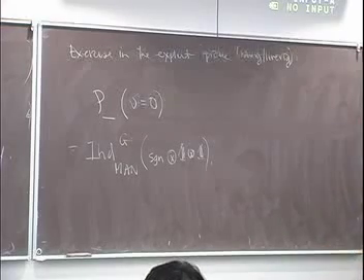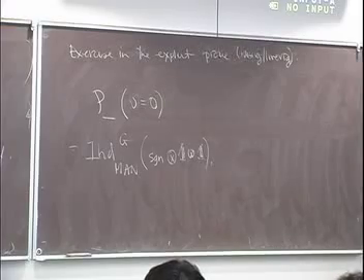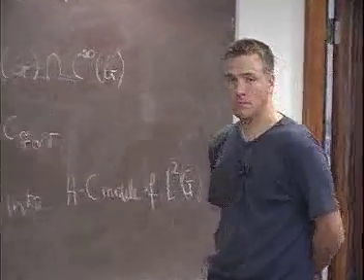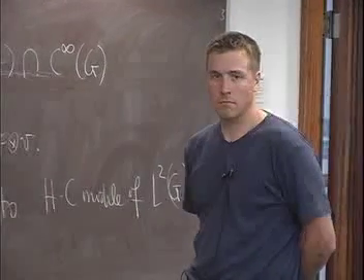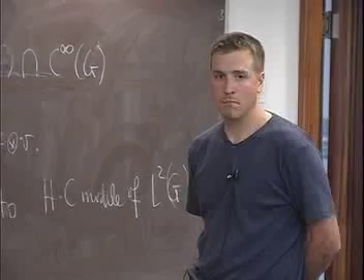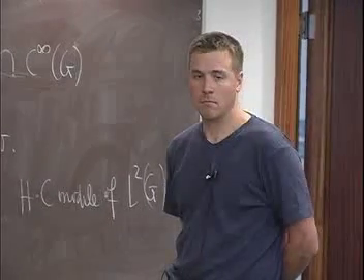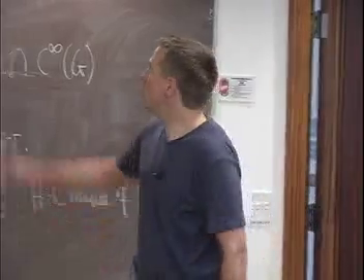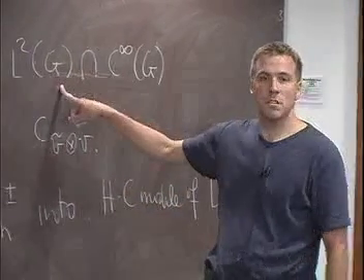Okay. Question. I know when you excluded the case n equals 0, in this argument, I mean, there's nothing special about n being greater than or equal to 1. You could possibly include n equals 0 too. No, because the matrix coefficient is not L2.